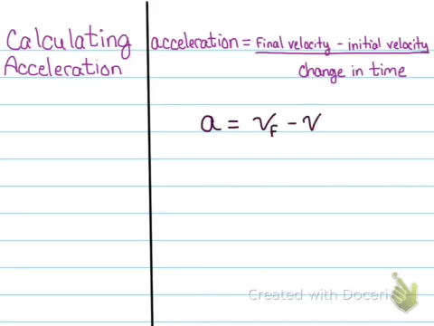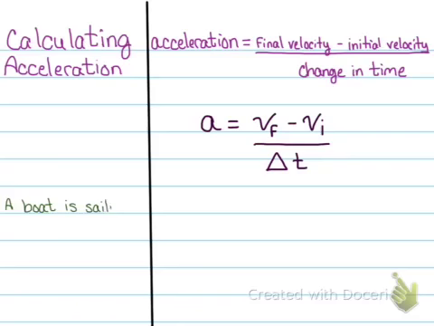And we write that as a = (vf - vi) / delta t. Remember, the triangle is delta, and that just means change in. So let me give you an example. Let's say that it took me 5 minutes to speed up from 0 to 10, right? What's my total change in time? 5 minutes. So delta t for that would be 5. And we're going to do a sample problem, so if that doesn't make sense to you, hopefully it will at the end of the problem.